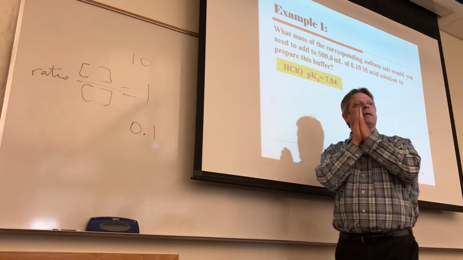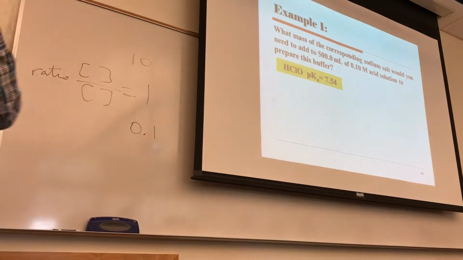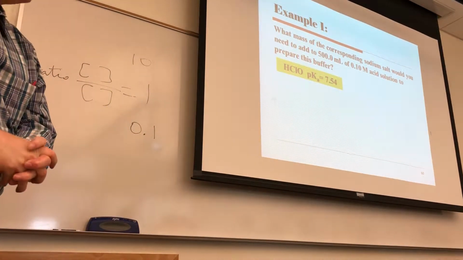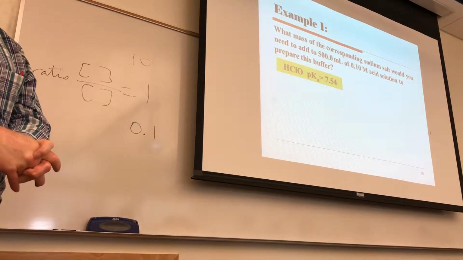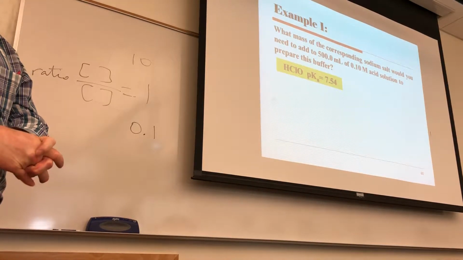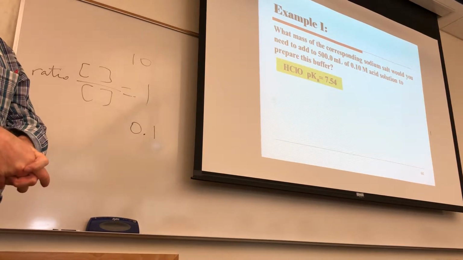What's the other way I could make a buffer? Salt and... If I have a weak acid and its conjugate base, I don't have the conjugate base, but I want to make that. What do I add? I add a strong base, right?